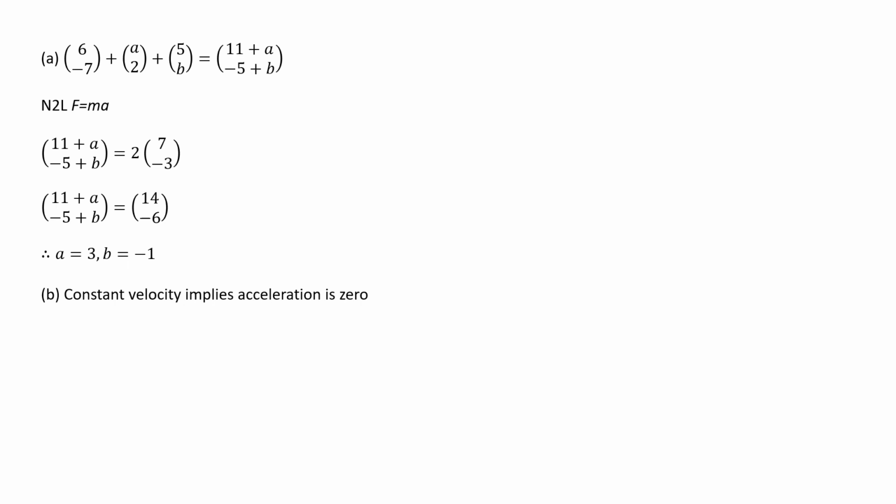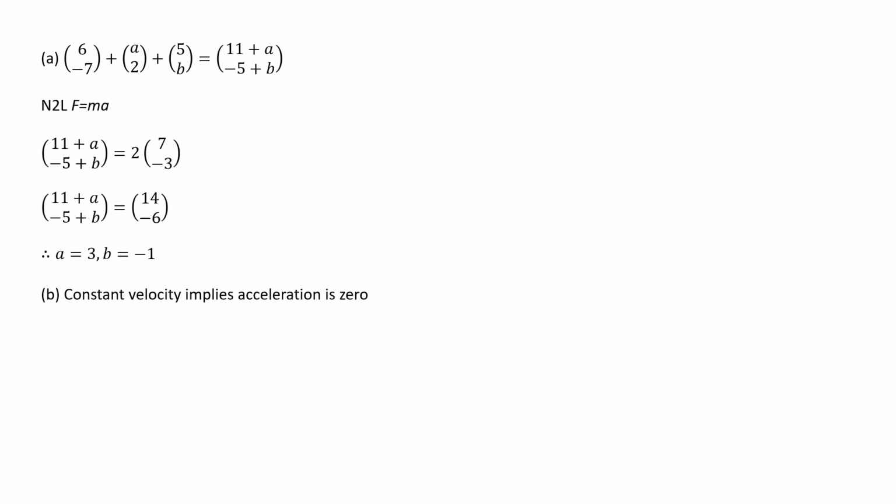Now for constant velocity, this is where you've got to read the question. The second part told me that it was travelling with constant velocity, which implies the acceleration must be 0, because if the acceleration was positive, it would be accelerating, it would be speeding up, and if the acceleration was negative, it would be decelerating, it would be slowing down.